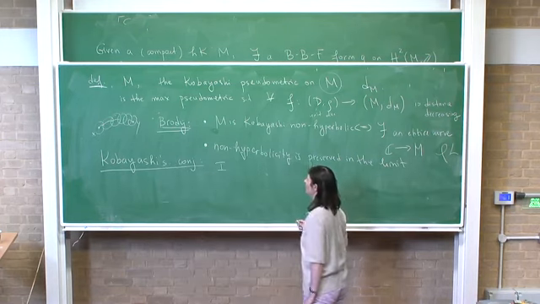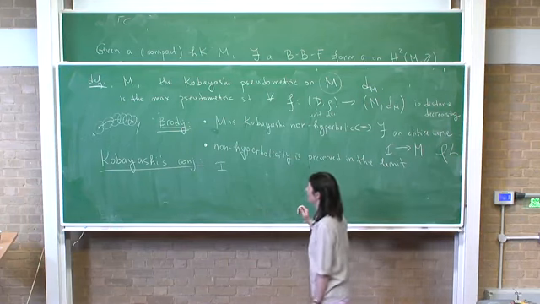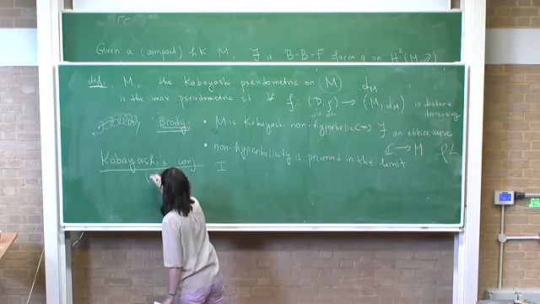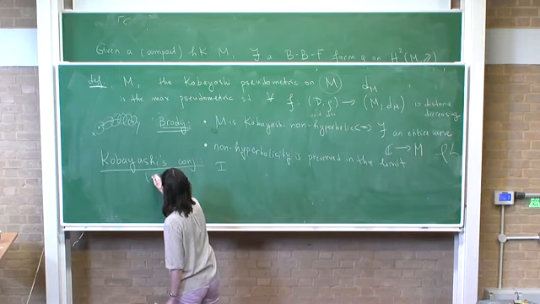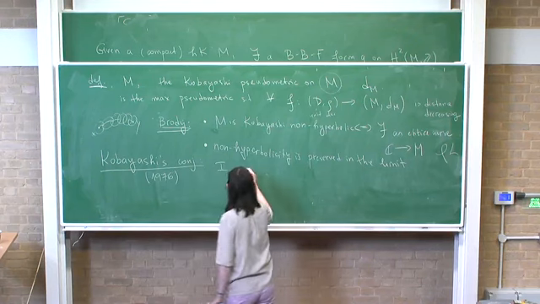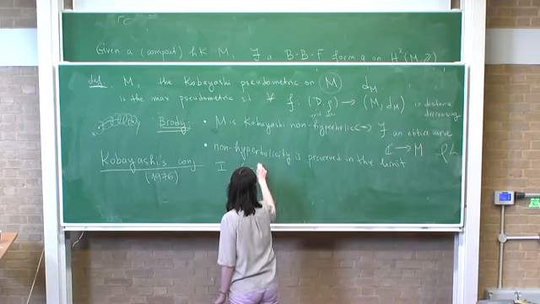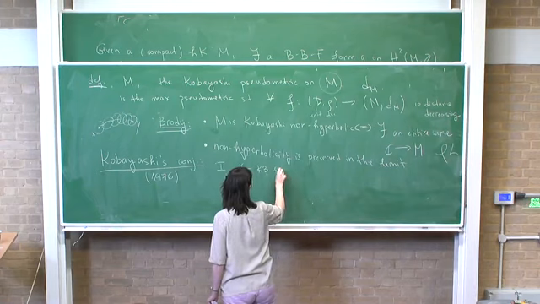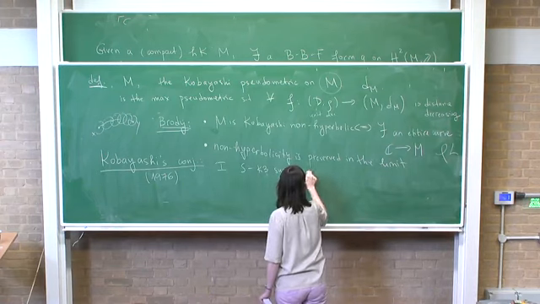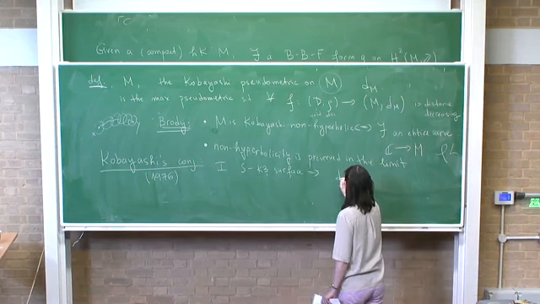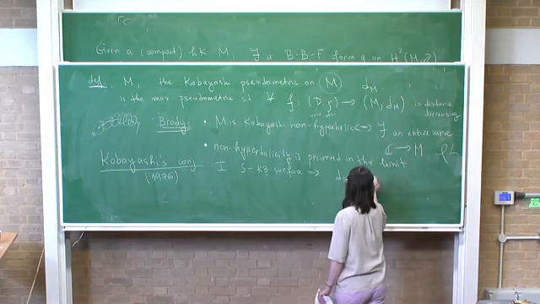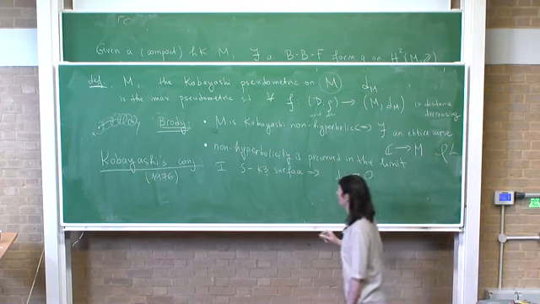The first conjecture, which has been open for a long time, he made four decades ago, is that if S is a K3 surface, then the Kobayashi pseudometric on S vanishes identically.